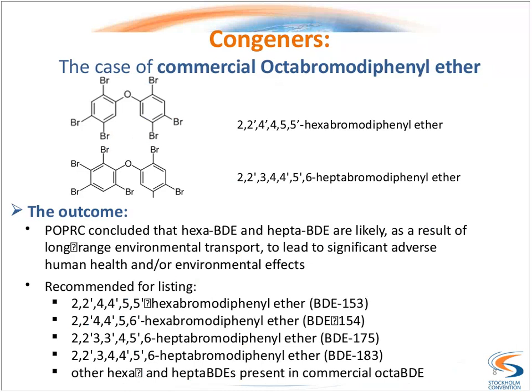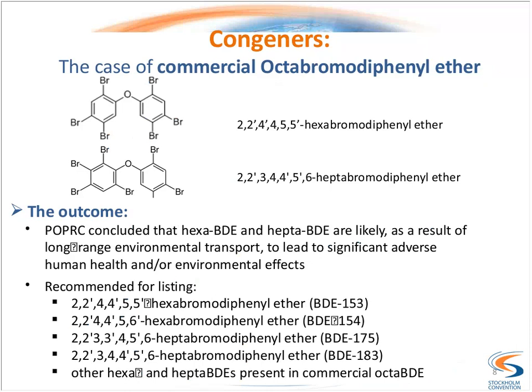And especially the markers were BDE 153, BDE 154, BDE 175, and BDE 183. And BDE 153, you see it's the top molecule of the two molecules, and BDE 154 is just the one below.